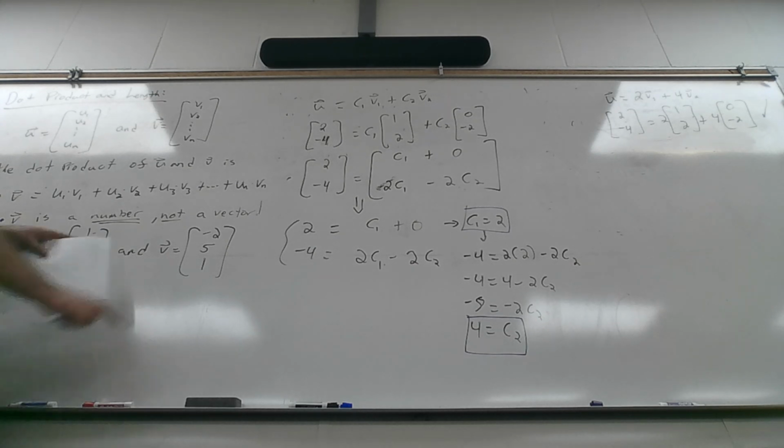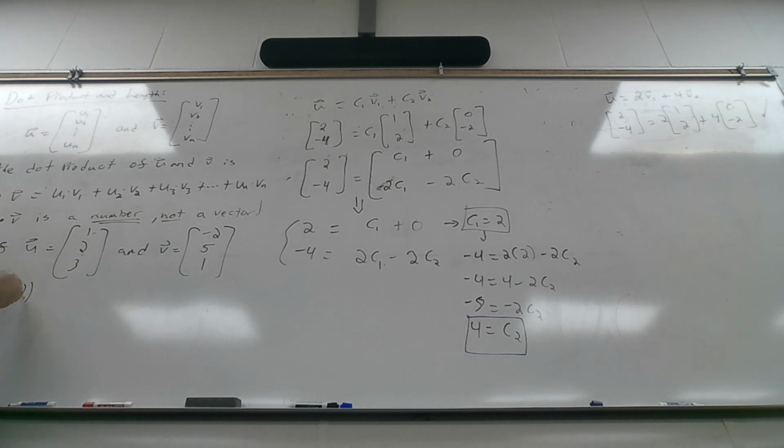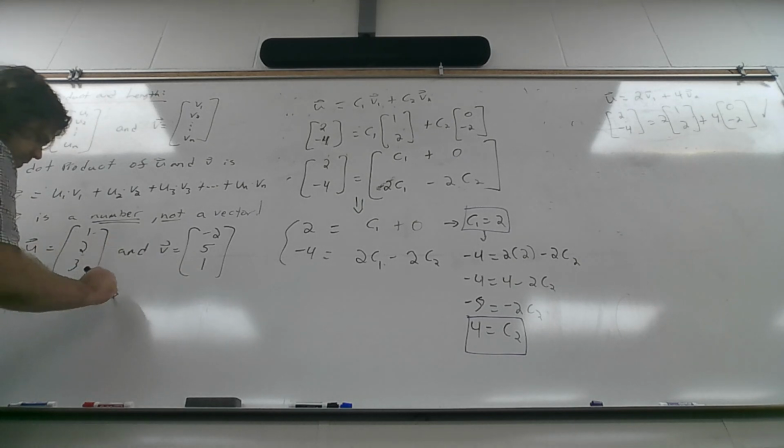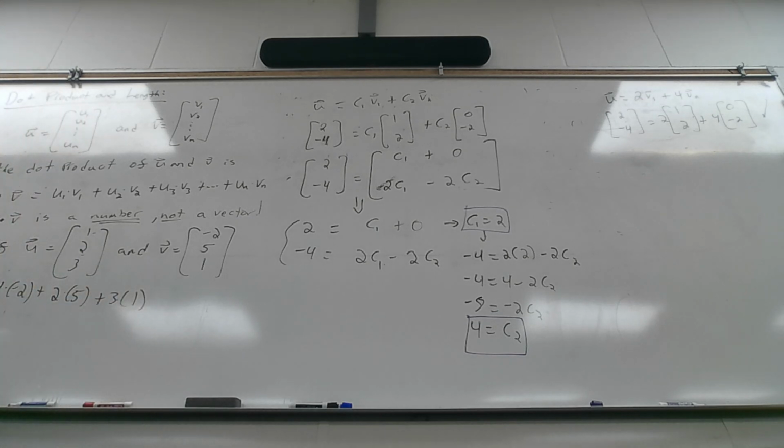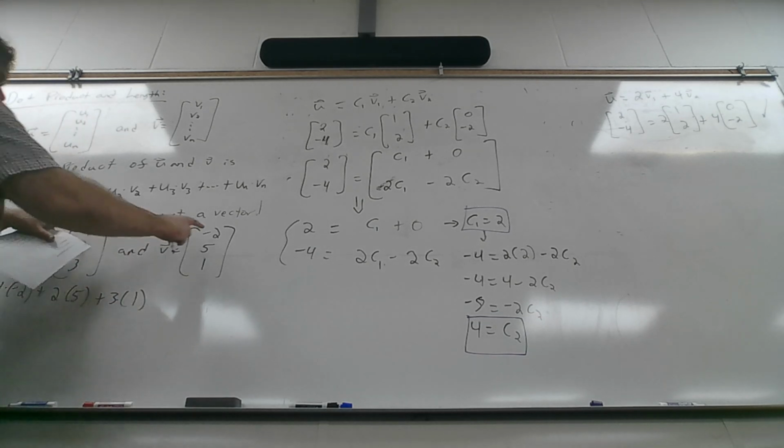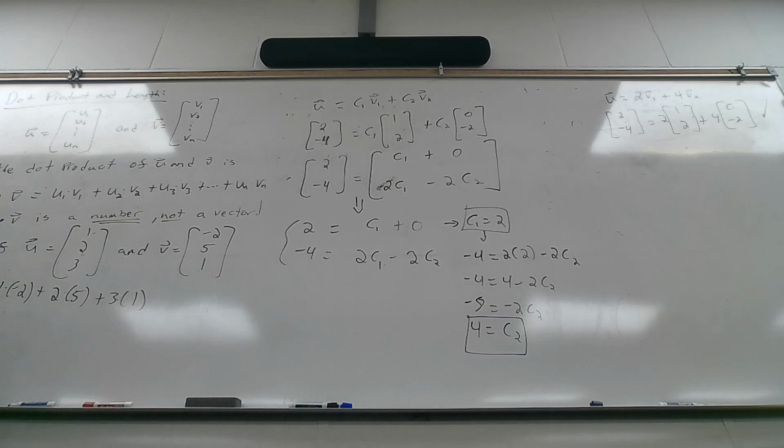It's just take the first two things and multiply them together, plus the second two things multiplied together, plus the last two things multiplied together. That's it. You can even just use fingers and do it in your head. So this is -2 plus 10 plus 3. So that's 11. Can't check my notes because I just wrote down random vectors.